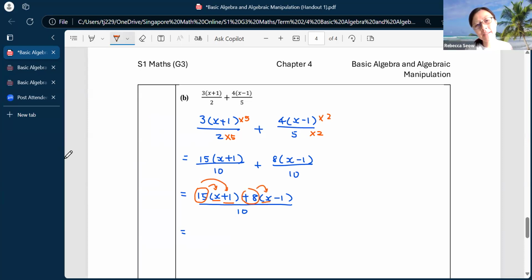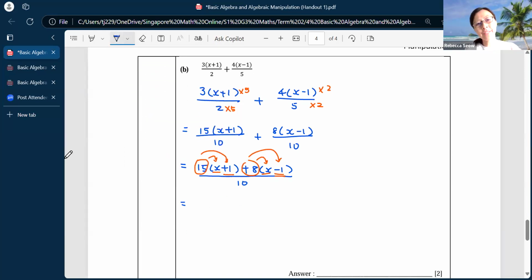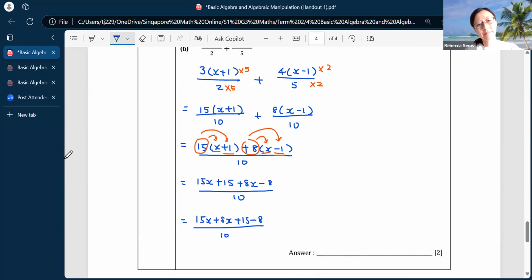Positive 8, multiply out. Okay, and let's work it out. 15x plus 15 plus 8x minus 8 out of 10. Rearrange the terms. 23x plus 7 out of 10.